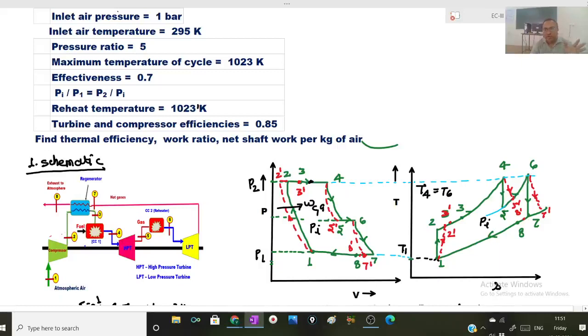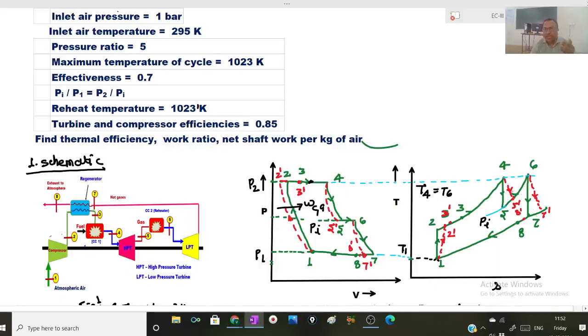Also, intermediate pressure comes out square root of P1, P2. Both the conditions are equivalent to perfect reheating. Okay. That means pressure ratio is also P2 by Pi is equal to Pi by P1. So pressure ratio in both the turbines, that is in HPT and LPT, is same.